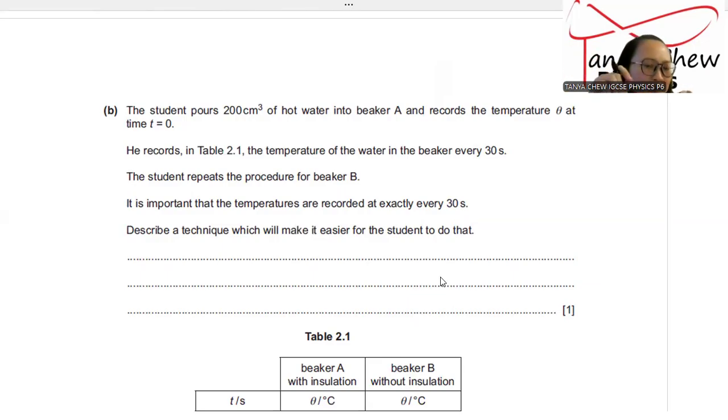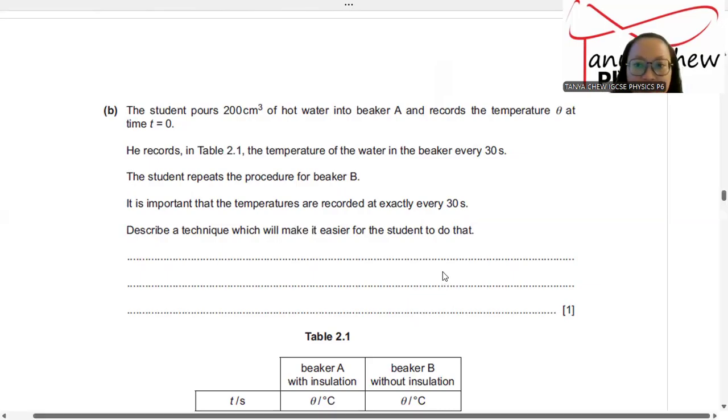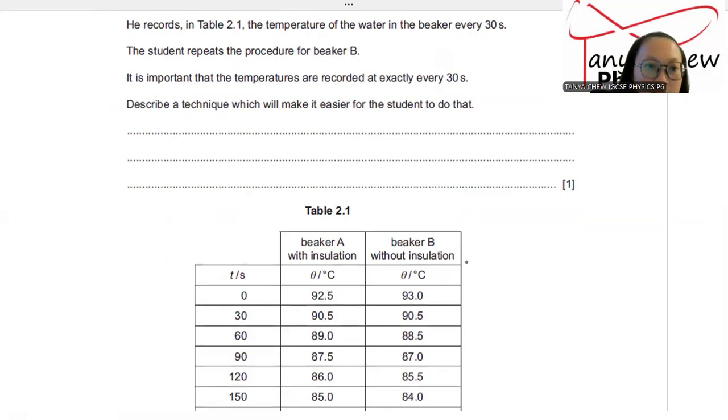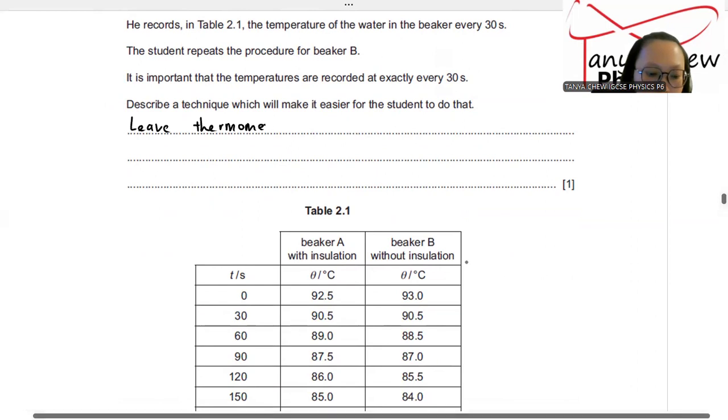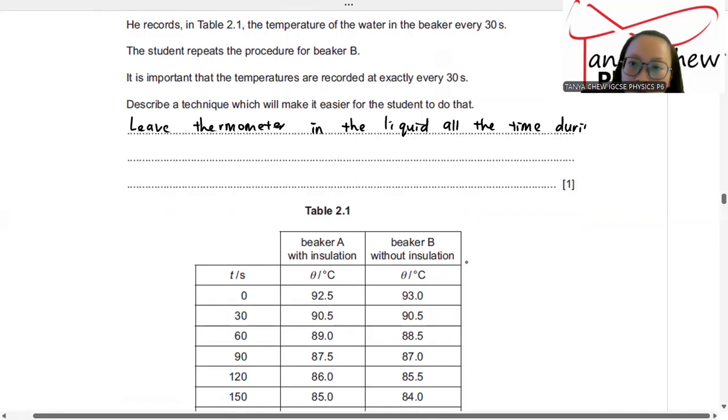Then, you might not be measuring the temperature exactly at 30 seconds. So make sure you leave the thermometer inside the beaker, in the liquid, all the time during the experiment.